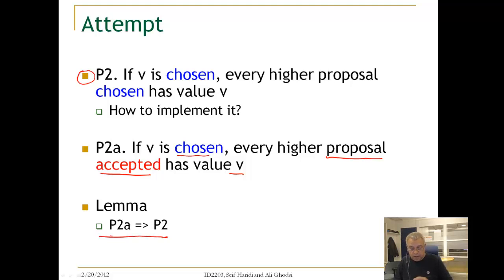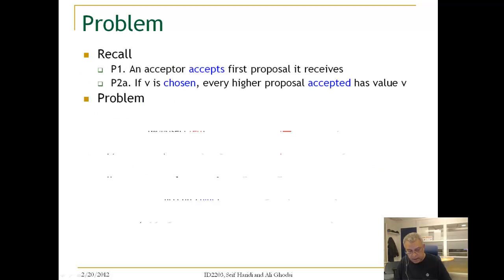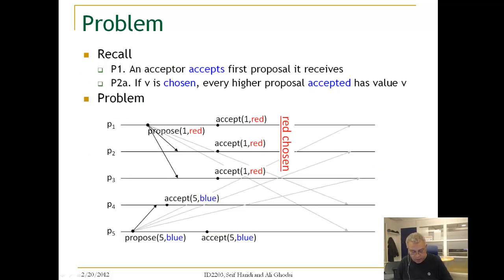So here we are. If the value V is chosen, every higher proposal accepted should have the value V. And here is why we need P2A. Here is a situation where the value red is chosen.